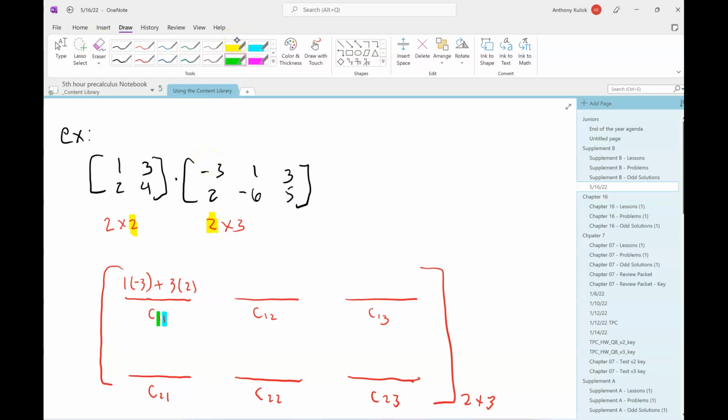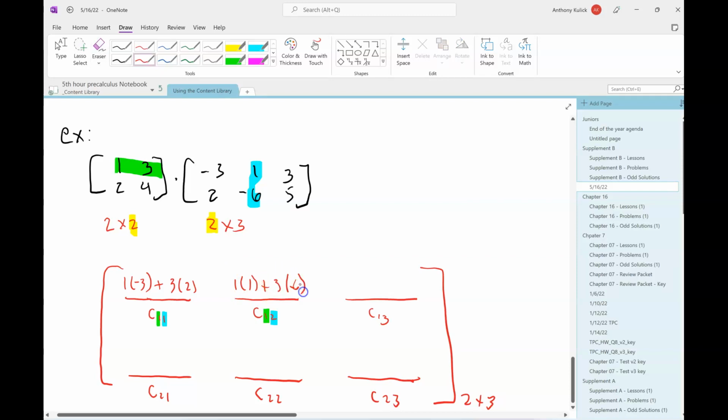All right. Let's look at the next one. So here, again, we're using row 1, but this time we're using column 2. So we'd have 1 times 1 plus 3 times negative 6.